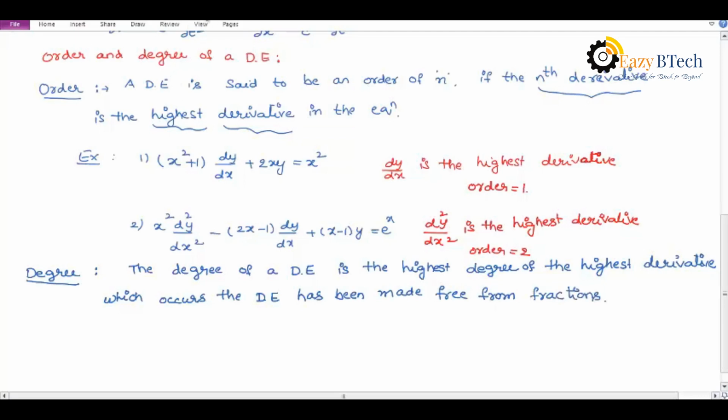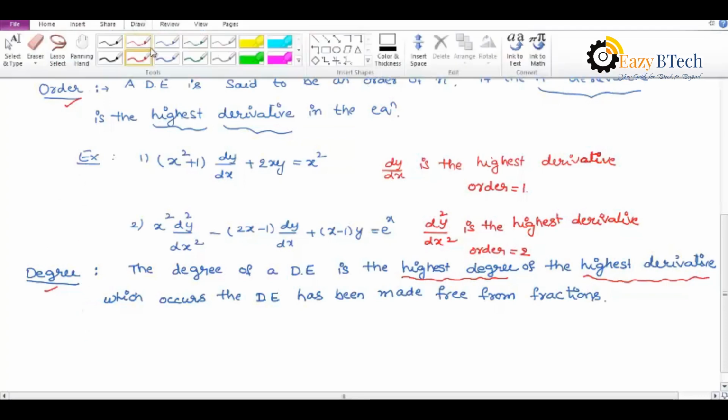Okay students, so what is the definition of degree here? Degree is the highest degree of the highest derivative. Order is the highest derivative; degree is the highest degree of the highest derivative only. So for example, now I am writing one example here.